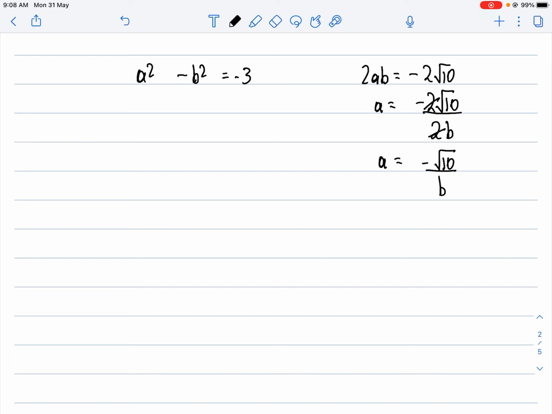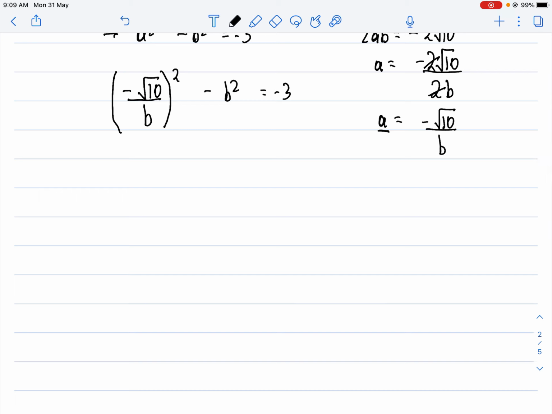Got it? Now I can substitute the value of a, which is minus root 10 over b, in this equation. So I can write this as (minus root 10 over b) the whole square minus b square equals -3. This becomes 10 over b square minus b square equals -3, because minus 1 the whole square is 1 and root 10 the whole square is 10.